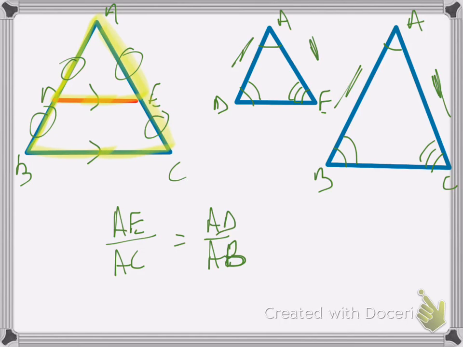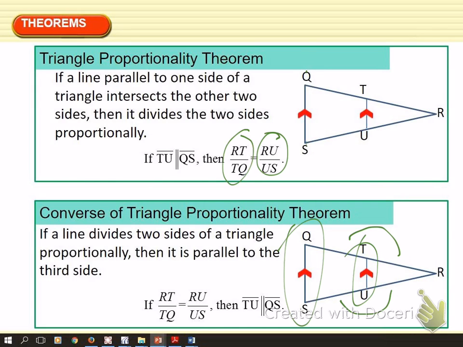So it may be that in a picture like this, you need to see it as one giant triangle with a line drawn through it, or you need to see it as two similar triangles where you can start writing ratios amongst those sides.